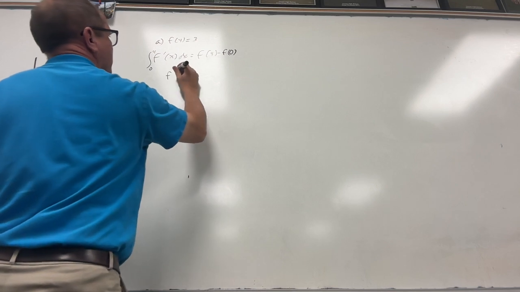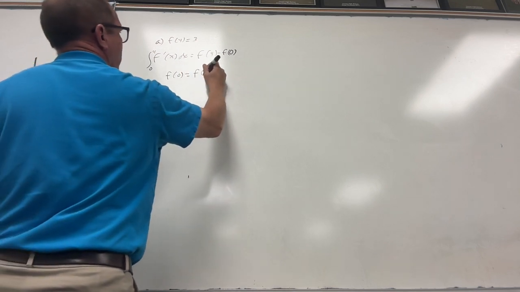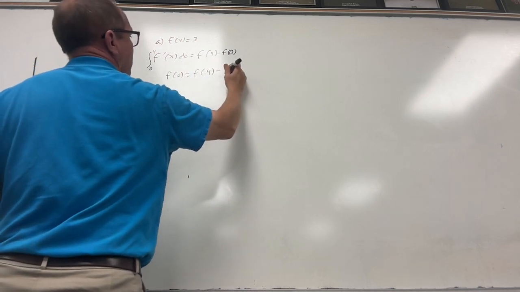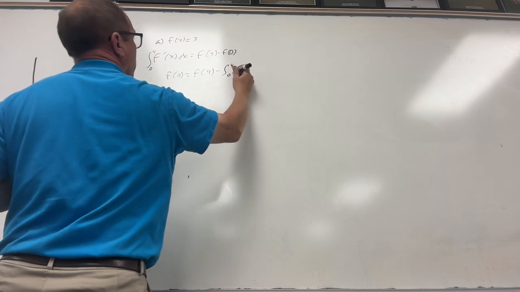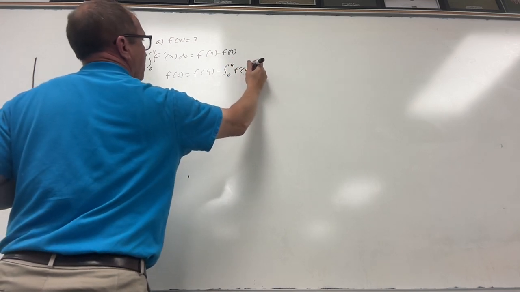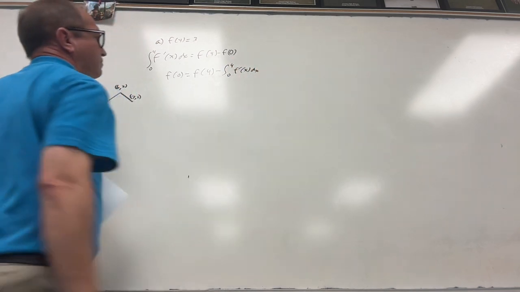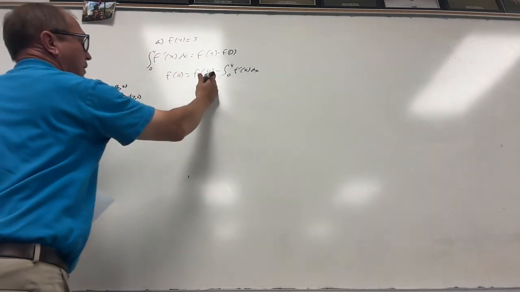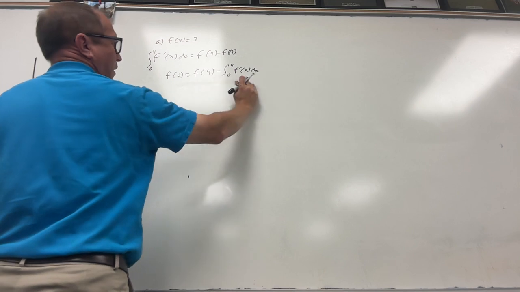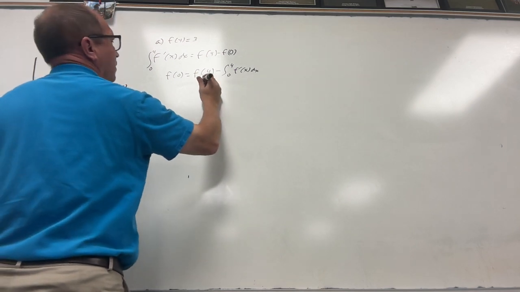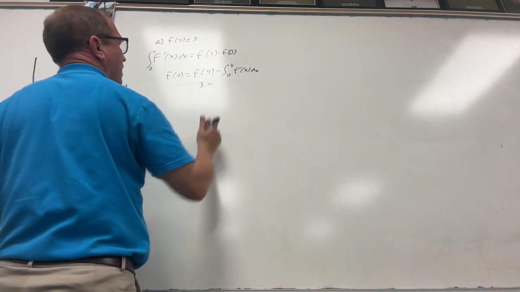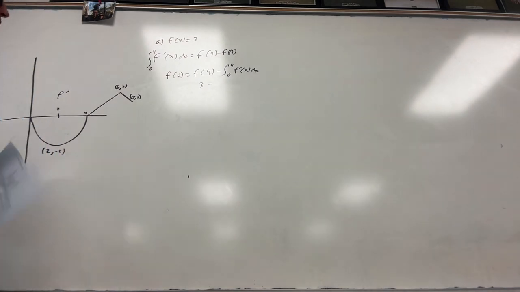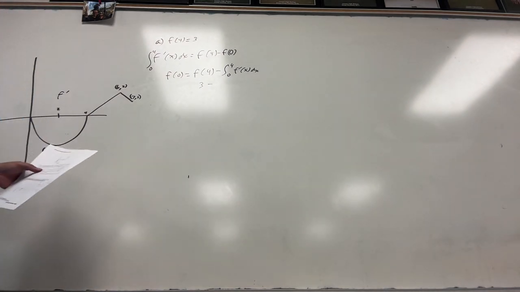So f of 0 is equal to f of 4 minus the integral from 0 to 4 of f prime. Well, from here we do know f of 4 is 3, and this earns you 1 point for getting that right. You have 3 and then minus, so now we've got to figure out what this area is.